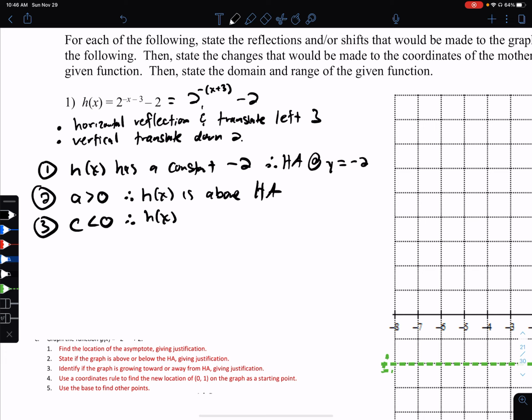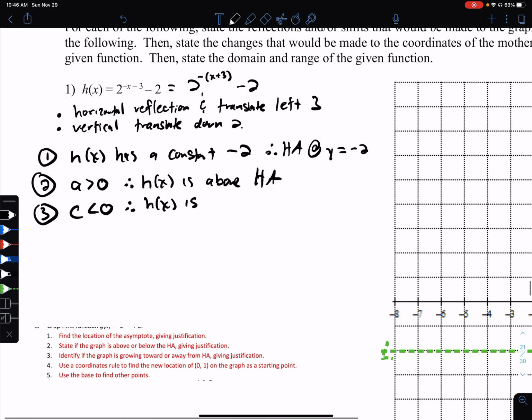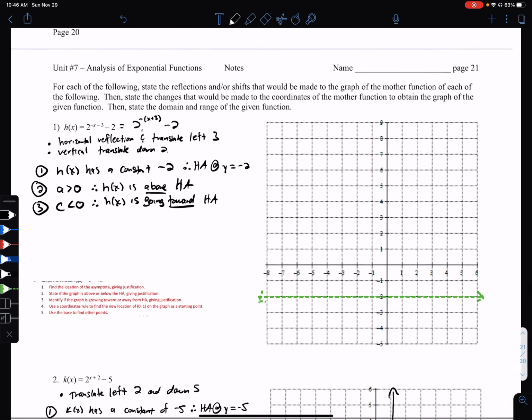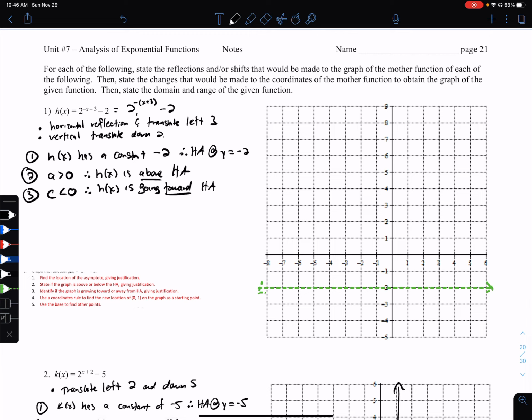So h of x is going toward the horizontal asymptote. I'm going to mark each of these things on my picture. The graph is above, and we are going toward the horizontal asymptote. Let's put this right here.